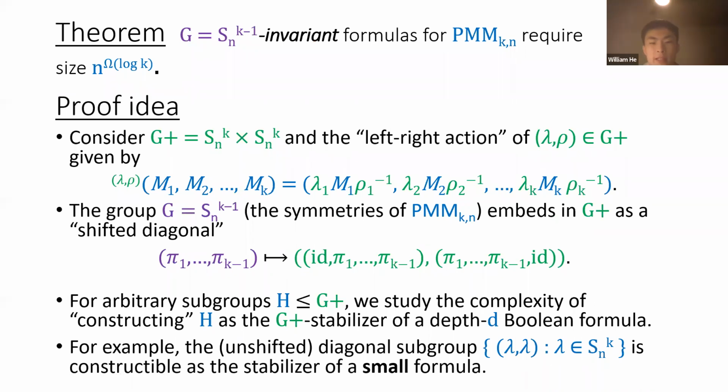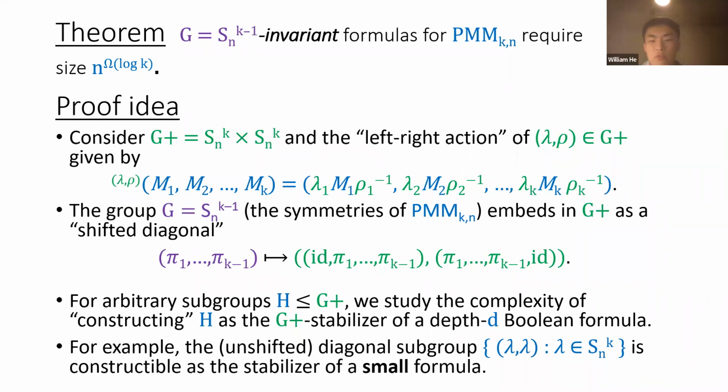Then we construct a complexity measure on the subgroups of G plus. So for arbitrary subgroups H, we study the complexity of constructing H as the G plus stabilizer of a depth D formula. And we do this by induction on D. So you have some subgroup H, and you're interested in constructing a depth D formula whose G plus stabilizer is H. And I can tell you how big your formula needs to be, a lower bound on the formula size you need.